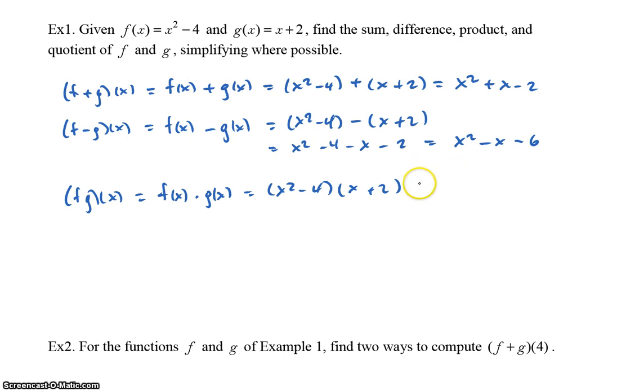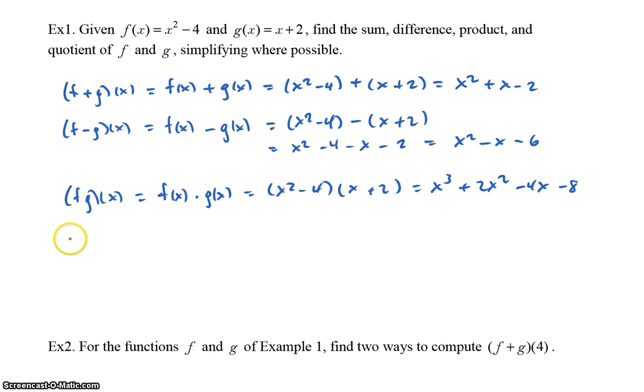The product of the first terms is x squared times x, which is x cubed. The product of the outer terms is 2 times x squared. The product of the inner terms is negative 4 times x. The product of the last terms is minus 8, negative 4 times 2. Since these are four unlike terms, we would just leave the answer in this form.